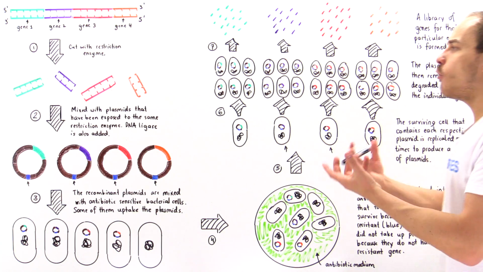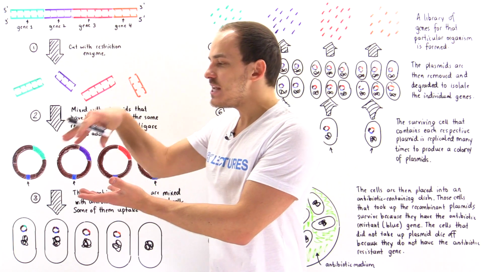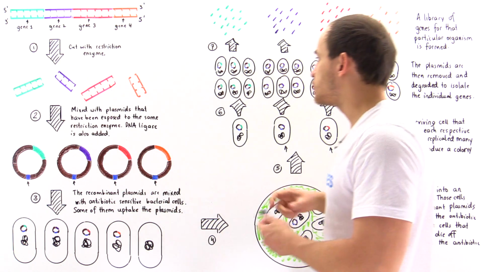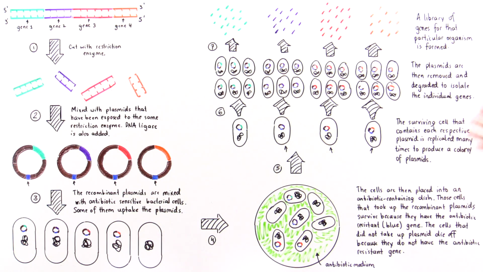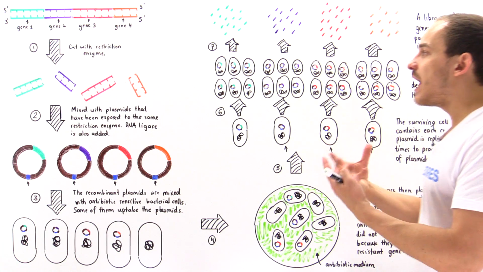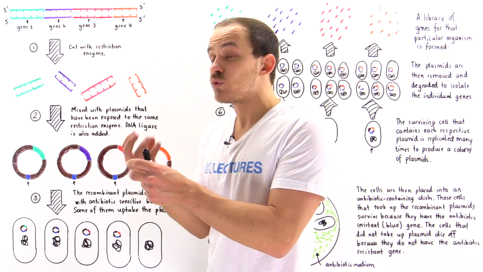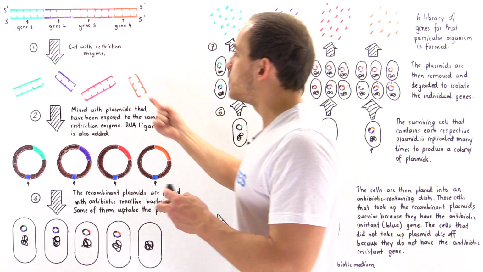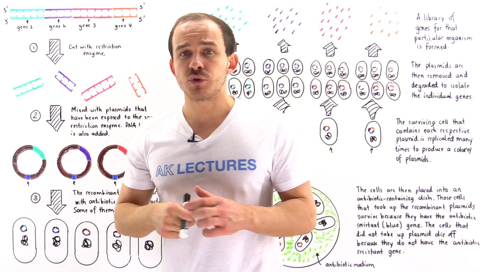So once we form the colony of cells in each one of these petri dishes, so now we have 4 different petri dishes, we can lyse the cells, and by lysing the cells, we release those plasmids, and now we can expose the plasmids to these same restriction enzymes.